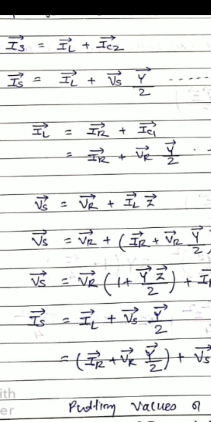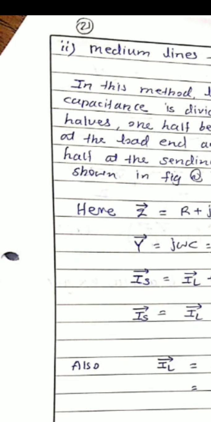So IS is equal to IR plus VR Y divided by 2 plus Y divided by 2 (VR (1 plus YZ divided by 2) plus IR Z).